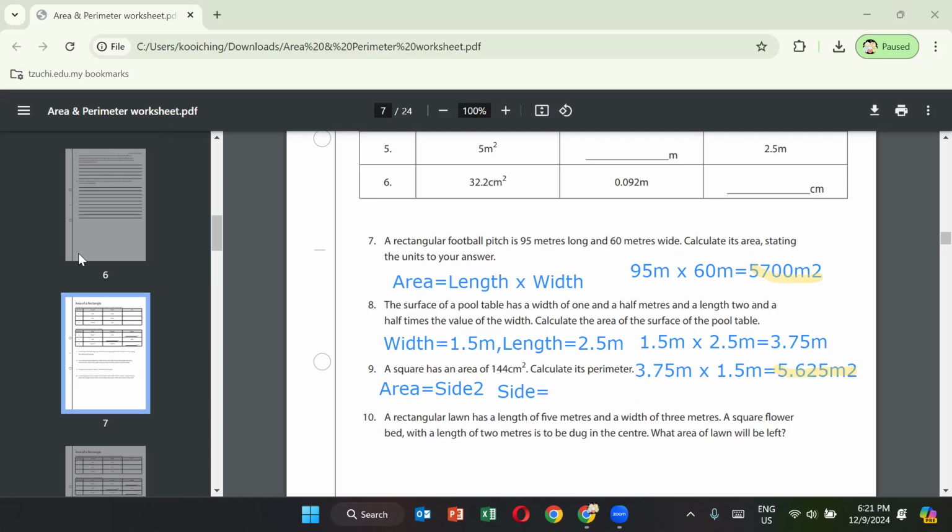Okay, so square root, I'll put the 144 inside of the square root. And then the square root of 144 will be equal to 12 cm.